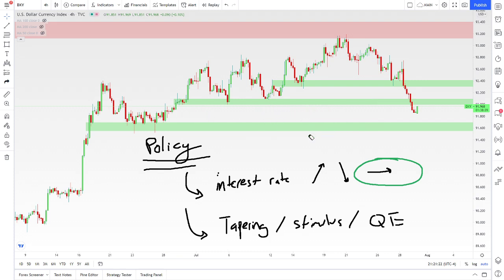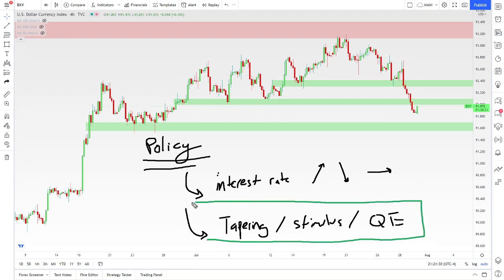Okay, so all of that to say, let's just recap on this idea here below. So you have monetary policy in terms of interest rates, but also in terms of tapering and stimulus. Now, this is a really interesting topic. Right now in the US, it's a big debate. They're like, hey, we need to cut the spending from the Fed. It's really causing a problem for inflation. And the Fed has been responding with, oh, it's transitory.